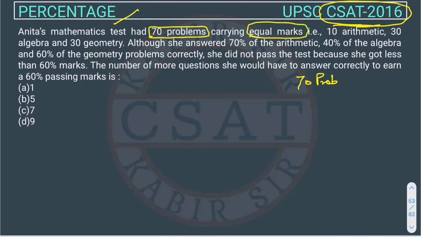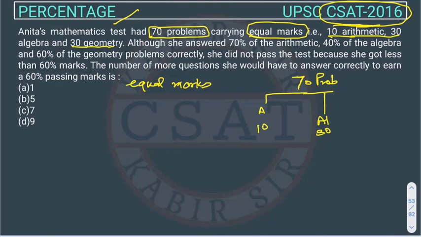They have not given the marks, but they are saying that there are 70 problems and each has equal marks: 10 arithmetic, 30 algebra and 30 geometry. So arithmetic problems are 10, algebra problems are 30, and geometry problems are 30. Right.